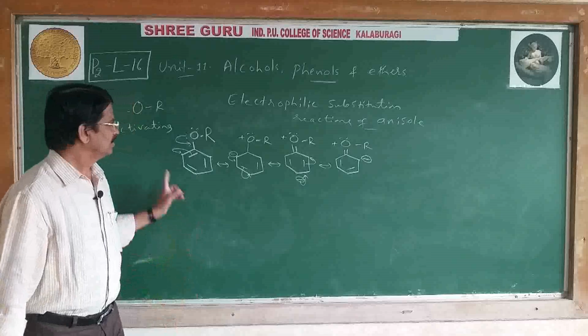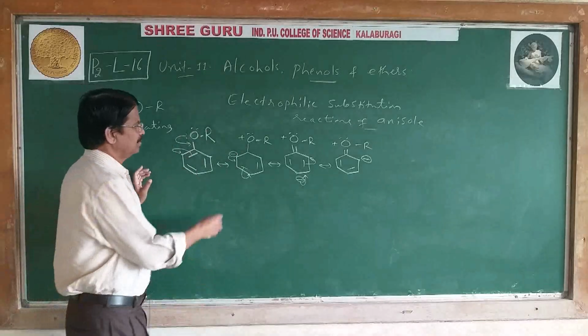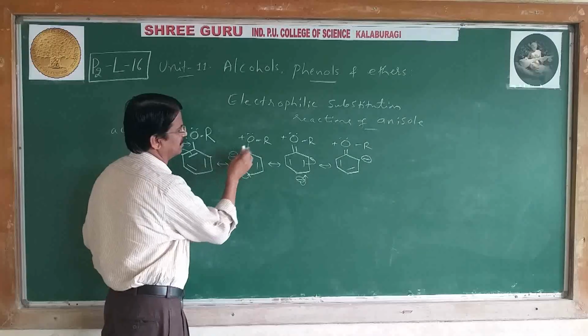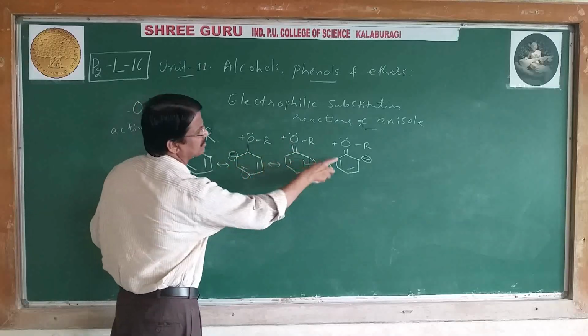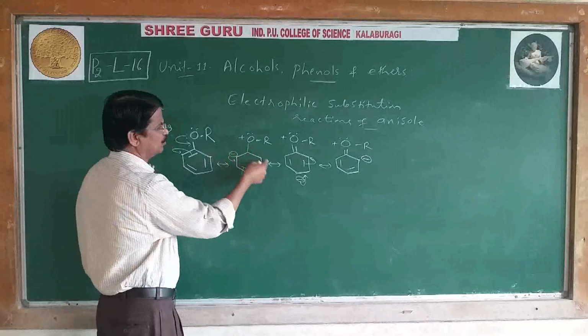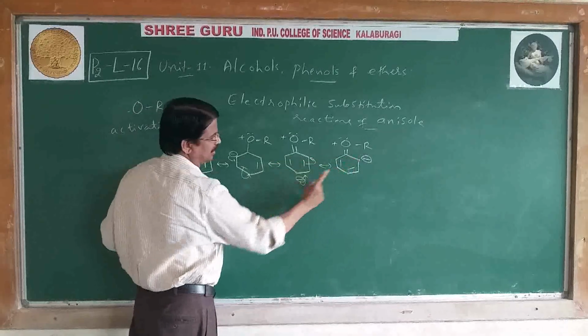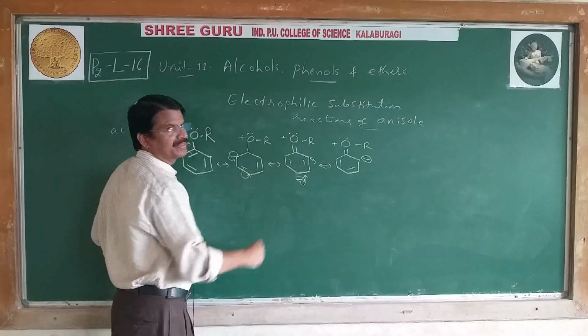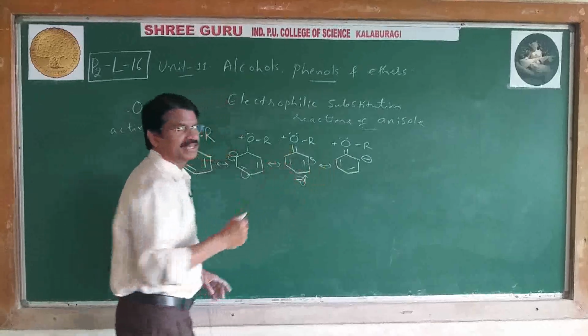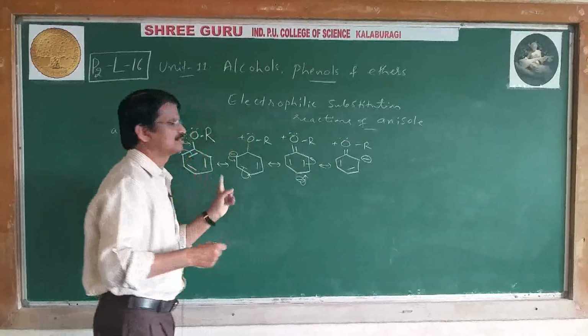All these structures indicate that the positions one and two are called ortho, and the opposite position is para. Ortho and para positions carry negative charge due to resonance.